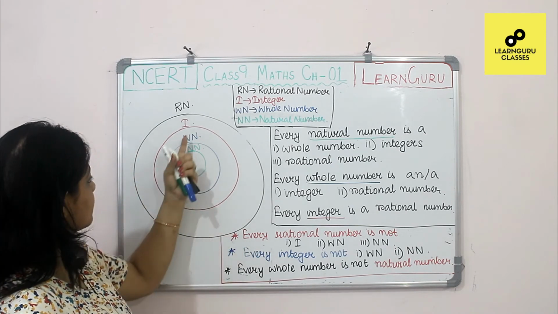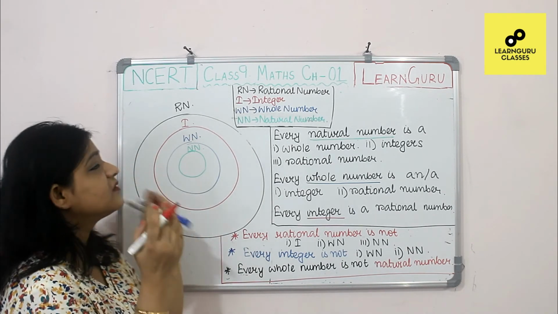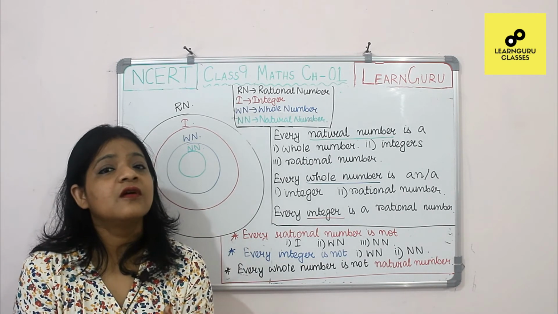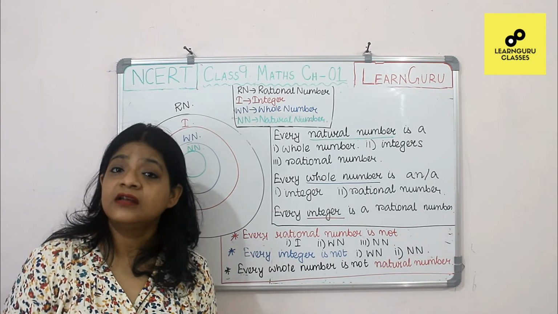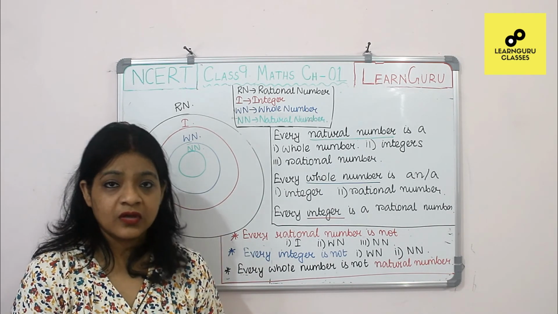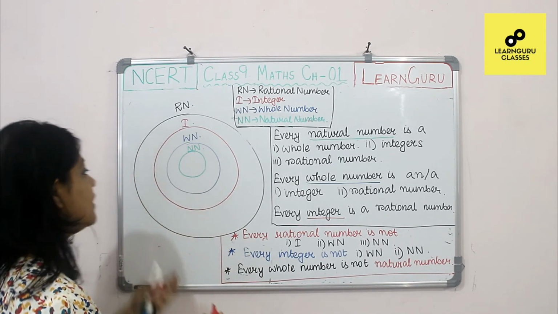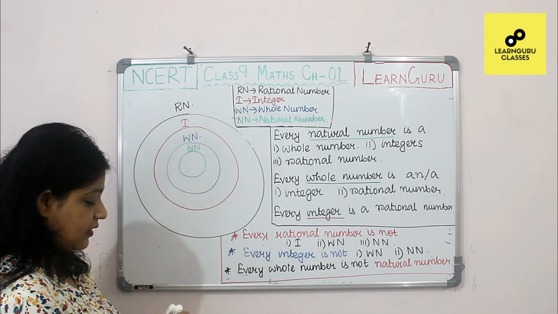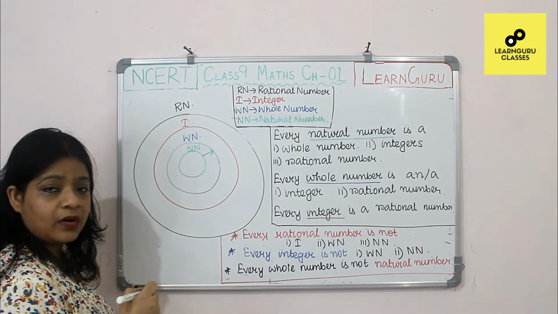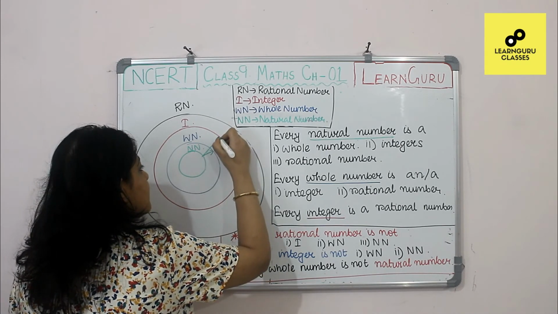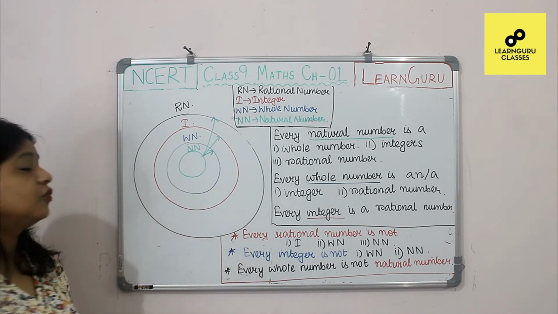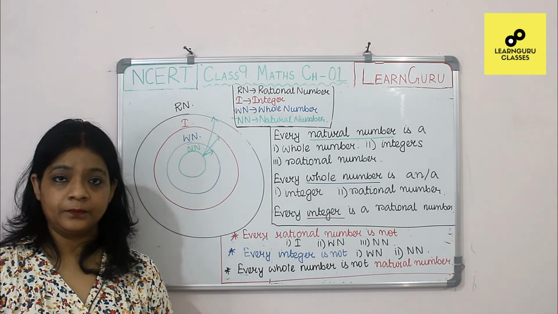In this way the same goes for whole number and natural number. Since natural number is of very small size, the chances of finding more varieties of numbers is less. So what does that mean? I will take the convention that we can move from natural number to whole number, from natural number to integer, and from natural number to rational number.